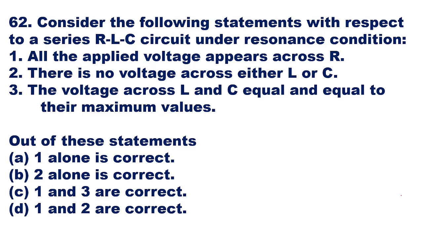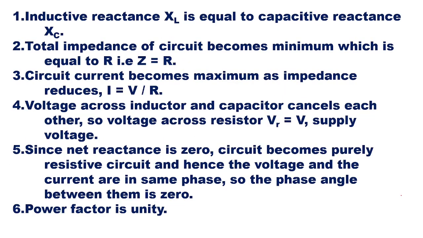So out of this, at a resonance condition, the first statement which says that all the applied voltage appears across R is right. So here the first statement only is correct. The second and third statements are not correct. Therefore, option A is the right answer. One alone is correct.